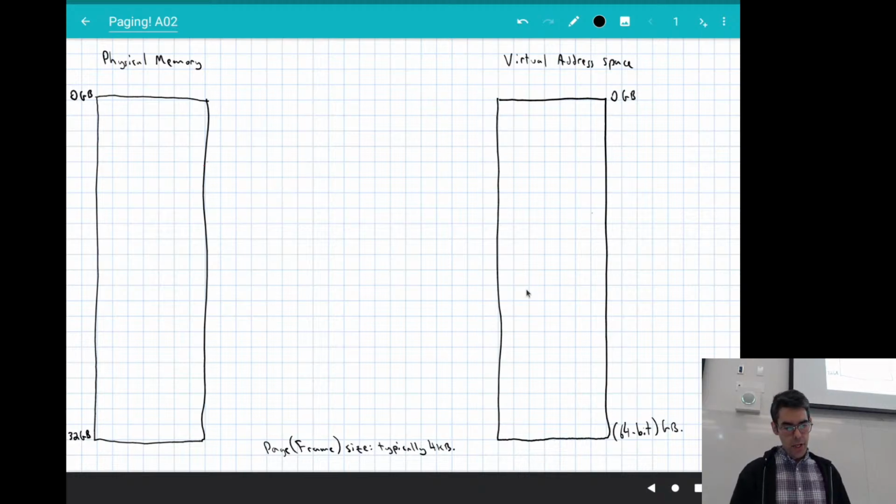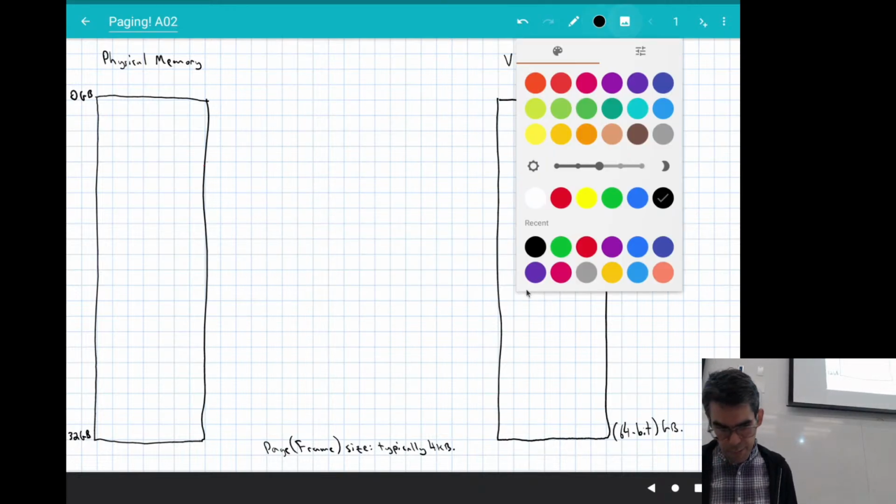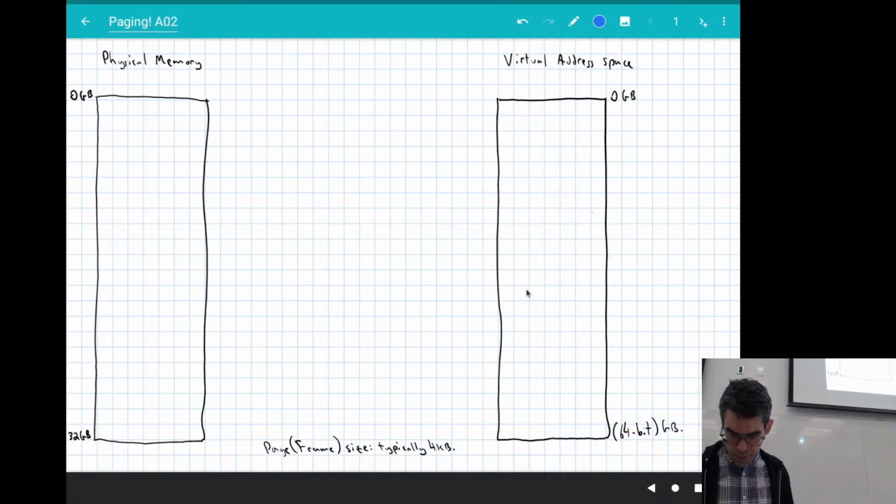So the idea here is that I want to take the physical memory that I've got, and I want to partition this into 4 kilobyte pages, page frames. So I'm going to have these different partitions of physical memory. The physical address space that I'm looking at here is 32 gigabytes in size, and it's quite large compared to 4 kilobytes.